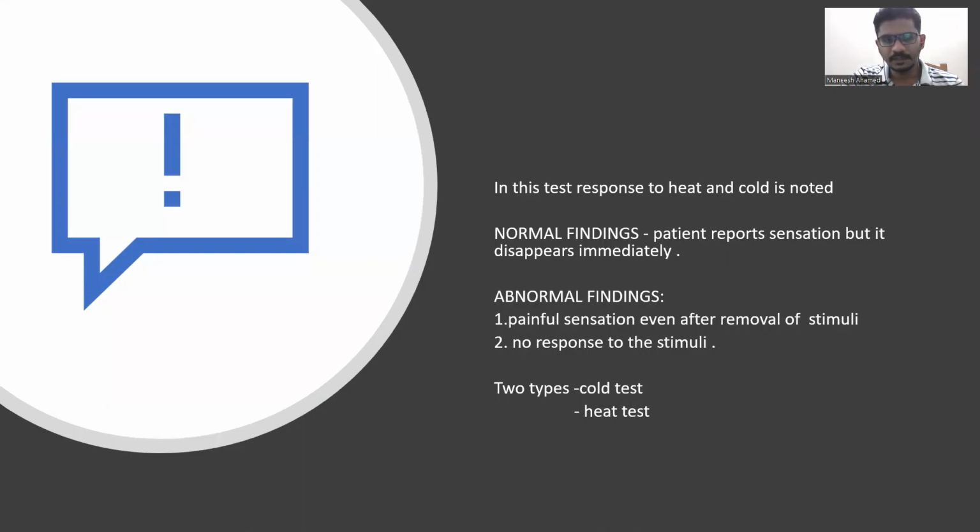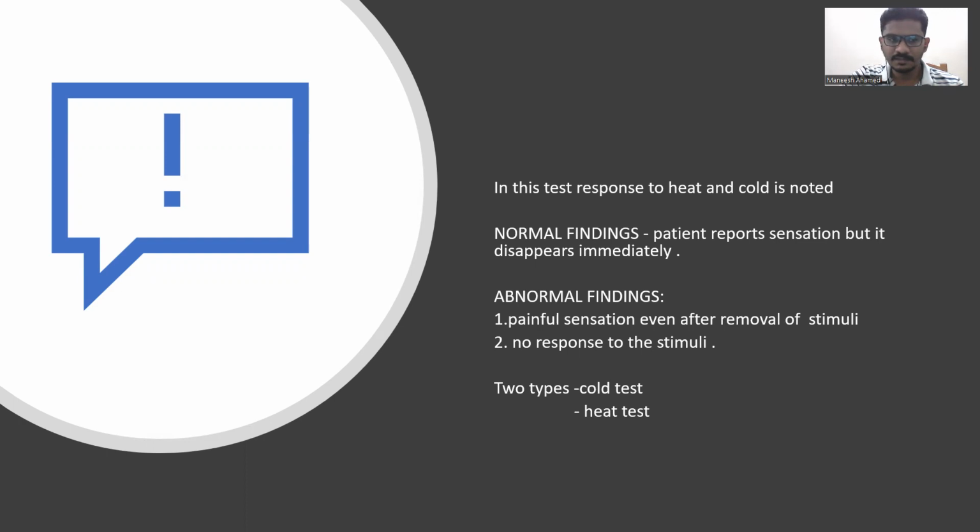In the cold and heat test, the normal finding is that the patient reports a sensation, but it disappears immediately. That is the normal response when the heat and cold test is considered. But abnormal findings include a painful sensation even after the removal of the stimulus, which indicates that the pulp has undergone some kind of irreversible damage. Even after the removal of the stimulus, the pain is persisting.